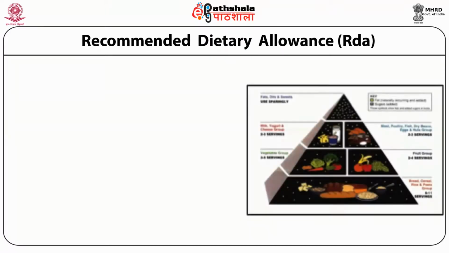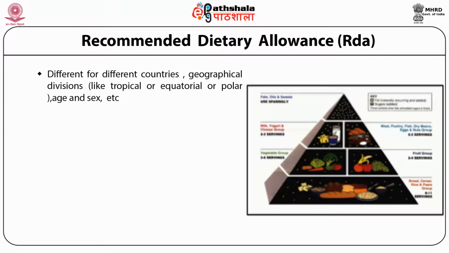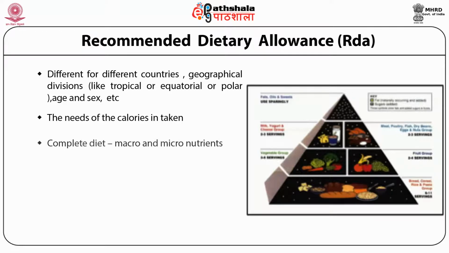Recommended dietary allowance is different for different countries. It varies with geographical divisions like tropical, equatorial or polar, and is also different according to age and sex. The calories taken in the complete diet, and macro and micronutrients, also affect the recommended dietary allowance.